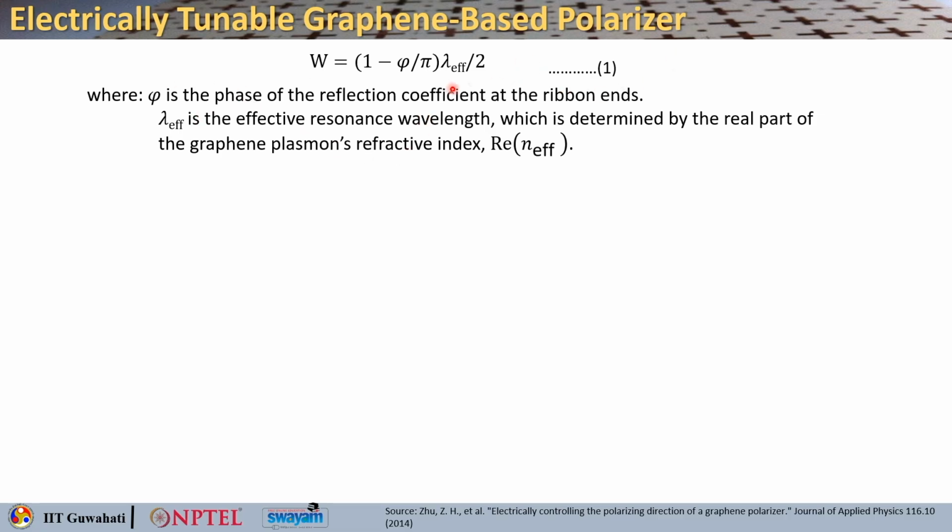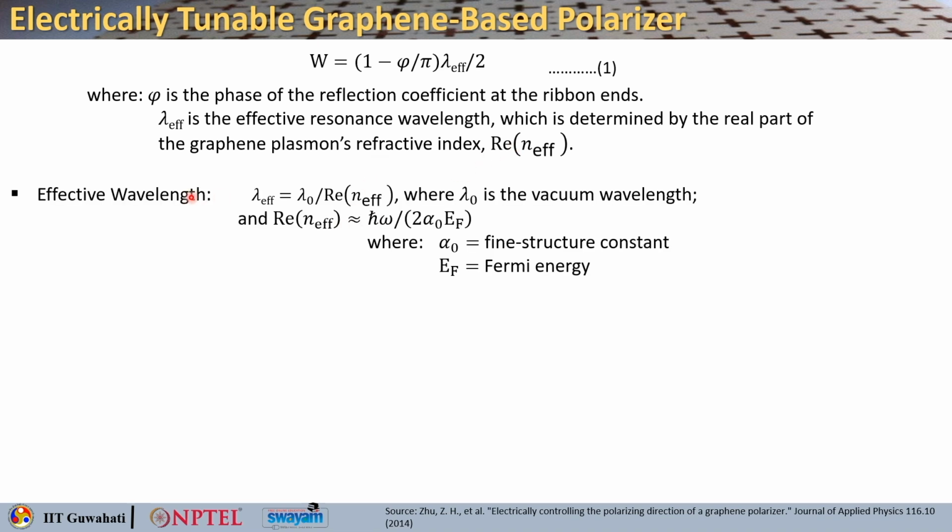And then you have lambda effective, which is the effective resonance wavelength determined from the real part of the graphene plasmon's refractive index, N effective. So, lambda effective is nothing but lambda naught divided by the real part of N effective.